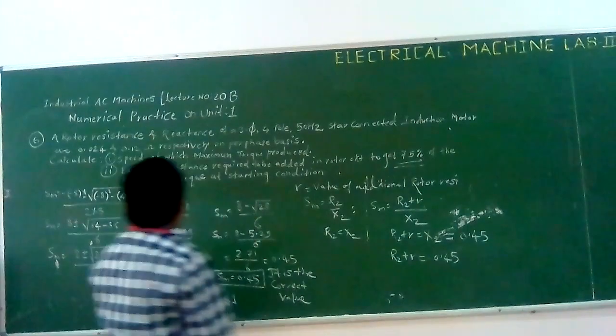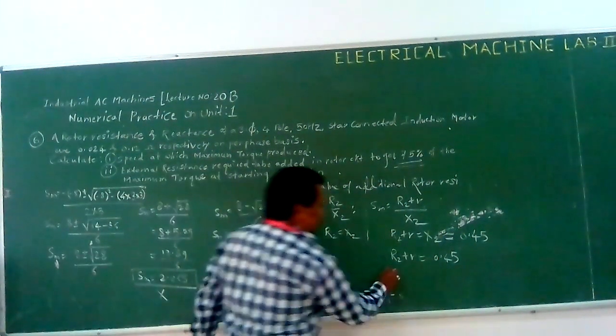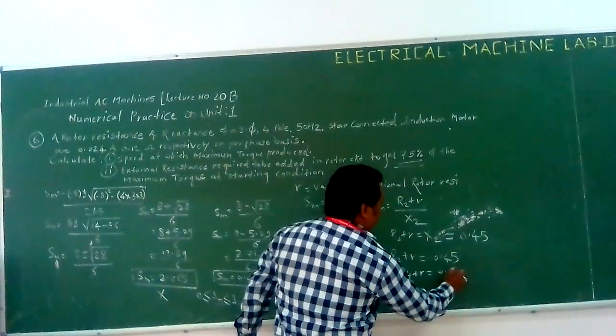Here R2 plus R is equal to 0.45, and we already have the rotor resistance value: 0.024 plus R is equal to 0.45.